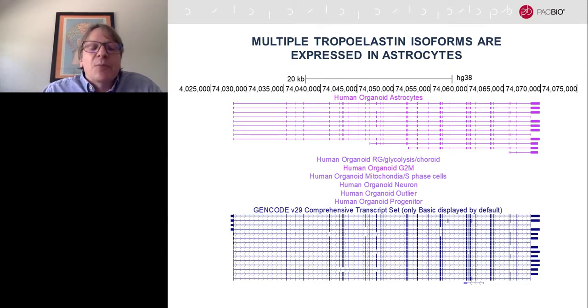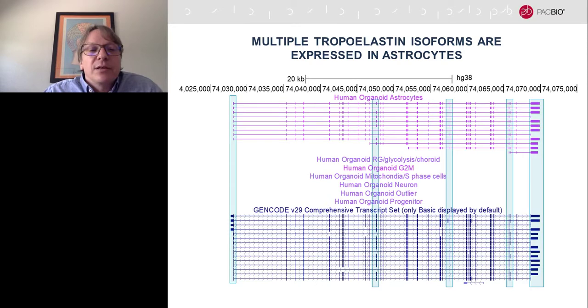And so you can see from the bottom that GenCode annotates a huge diversity of alternative splicing at this locus. And that includes 5' end differences, alternative cassette exons internally, and also 3' UTR differences, different lengths, different POLYA sites.